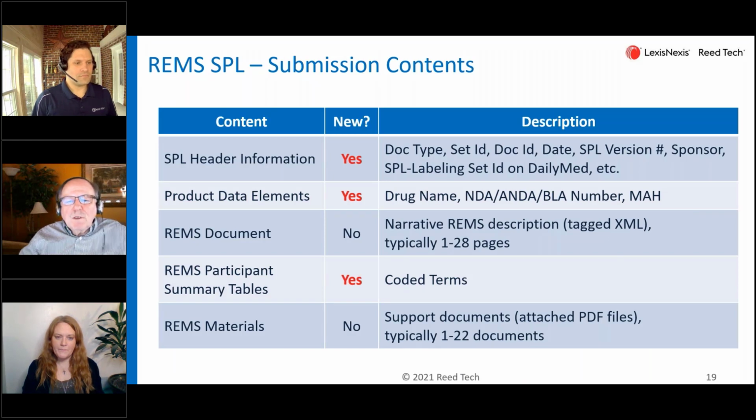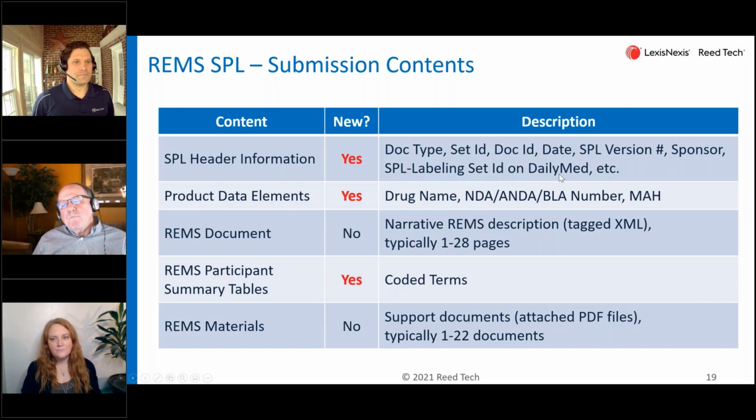When you build an SPL, there are some things that you're able to reuse, but there's also some new bits of information. Just like you had to capture some metadata when you went about the task of creating an SPL for a drug label, there are a couple of elements here in the beginning, header information, I refer to them. They're very much like the header fields in SPL labeling. The one that I'll call out here is the SPL labeling set ID for the labeling document.